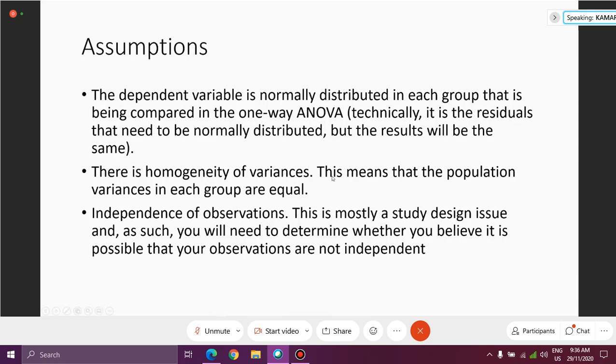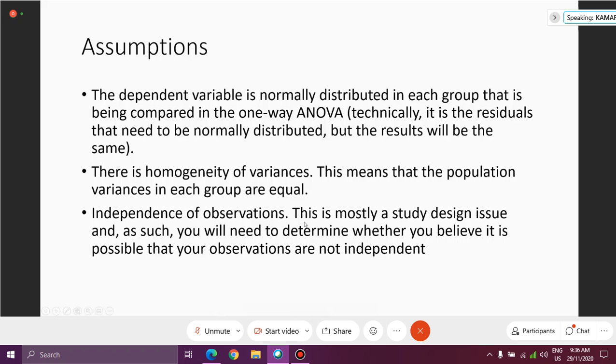It means that the variance of BMI in Malay is similar to the variance of BMI in the Chinese. The variance of BMI in Chinese is similar to the variance of BMI in Indians. The variance of the body mass index for Malay is similar to Chinese and Indians. So that's the second assumption.